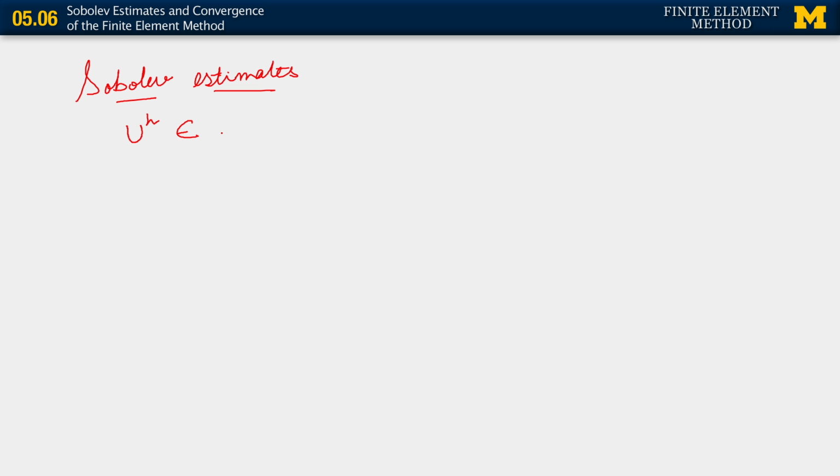It continues to represent a general member of the space SH, which means it satisfies the Dirichlet boundary condition and it lives in H1. Okay, for our particular problem, it lives in H1. But in the context of Sobolev estimates, which are applicable in general to Hn spaces, let me just redefine this for now.